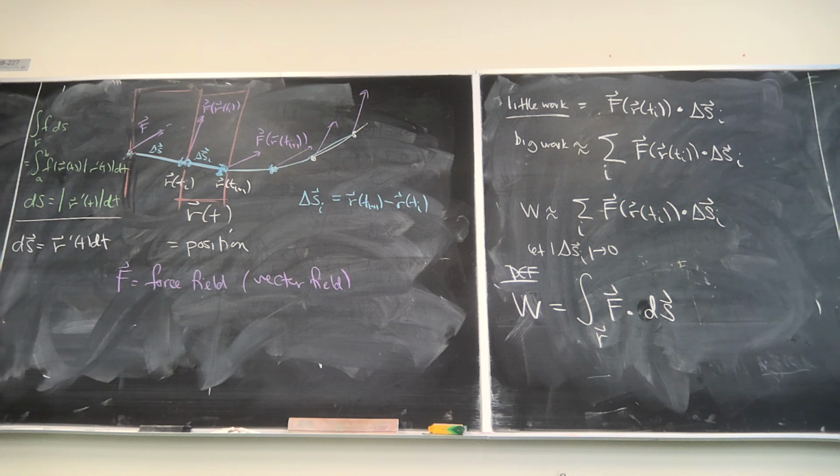I'm going to justify this in a second. This looks like magic, right? Because I've just asserted that this is true. But scalar ds is computed with the magnitude of the velocity vector. Vector ds is the velocity vector. So why should that be the case? Why should we intuitively believe that? You're saying a little tiny bit of displacement is your velocity vector times a little tiny bit of time.